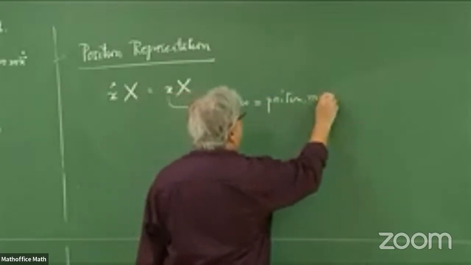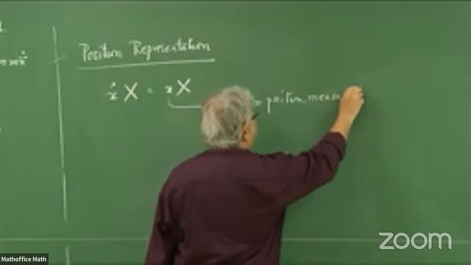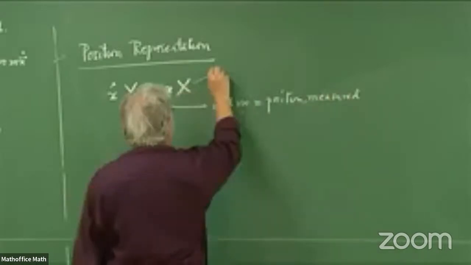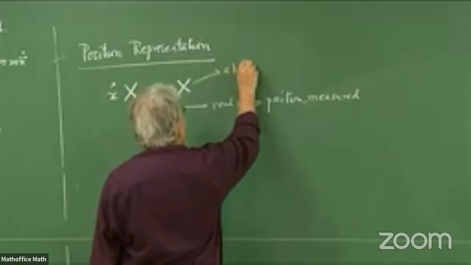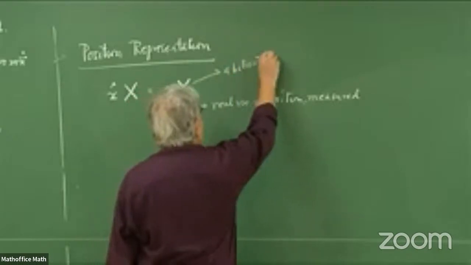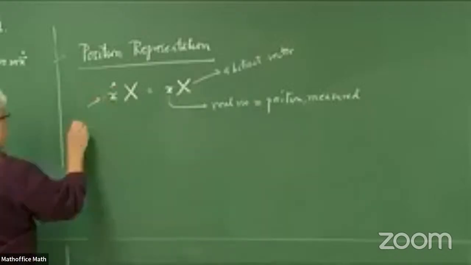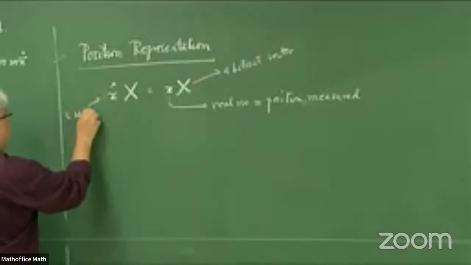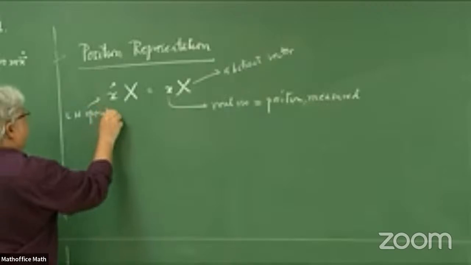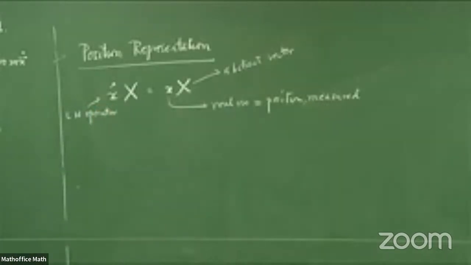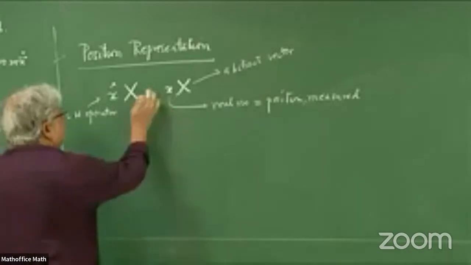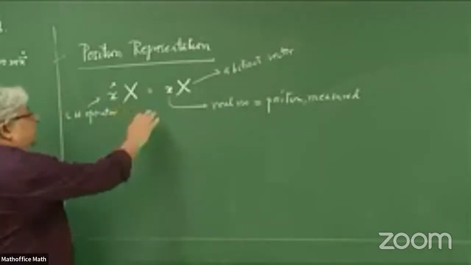Measure. This x is an abstract vector, and this is a linear abstract operator. So of course, since it's a linear Hermitian operator, the eigenvectors.